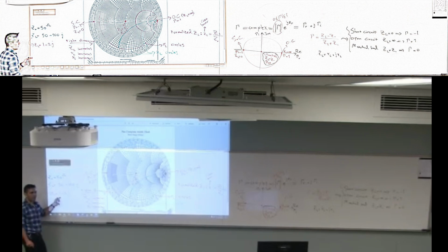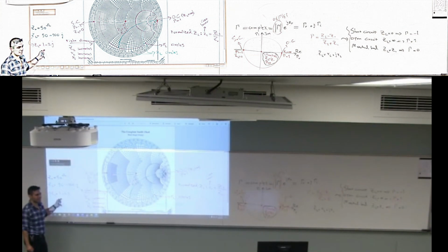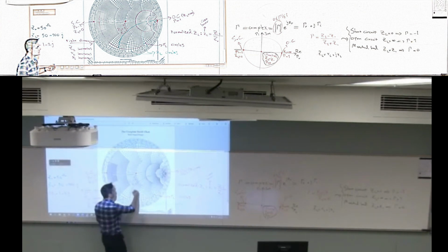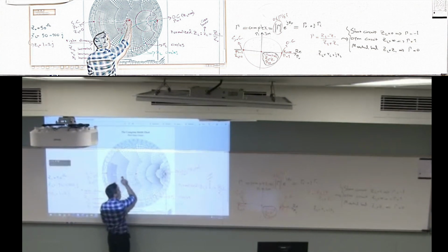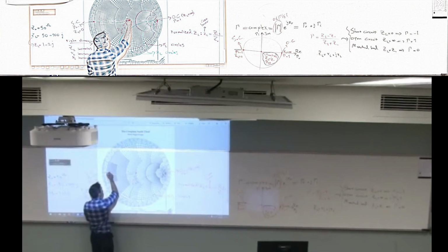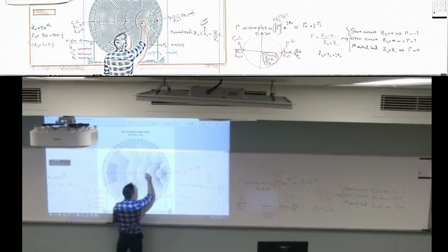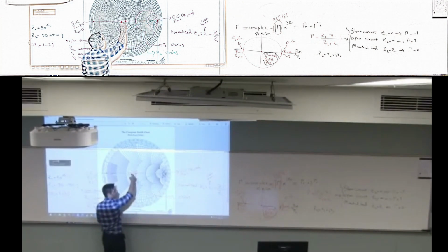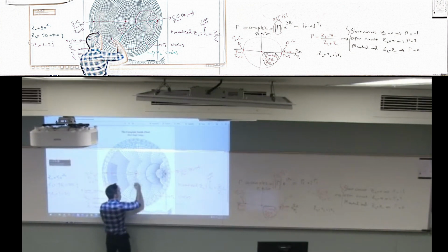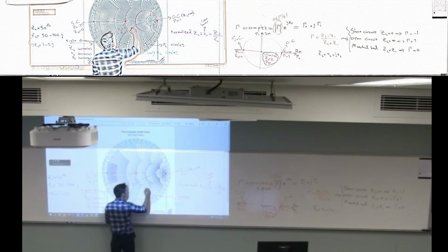You will have to find the circle that corresponds to RL equal to 1, which is this circle. The values on this axis show the RL values. So this is RL equal to 1.